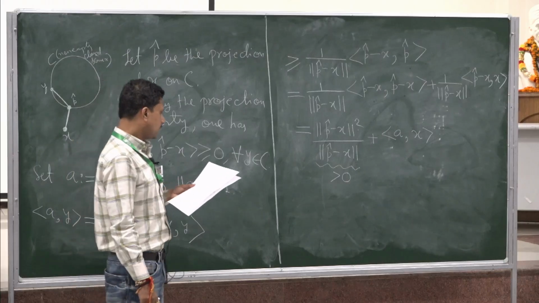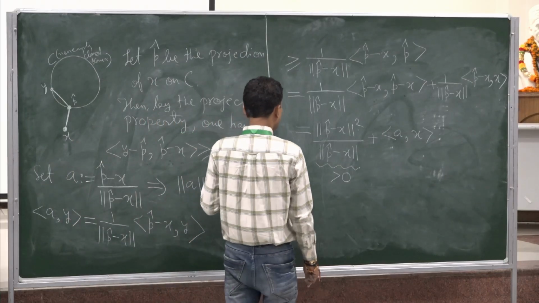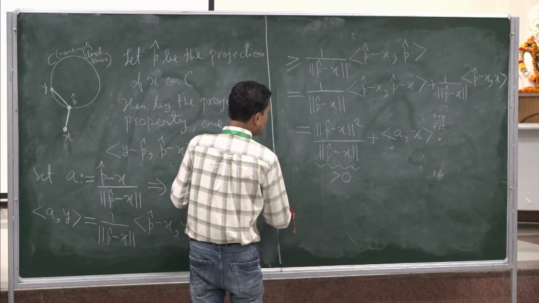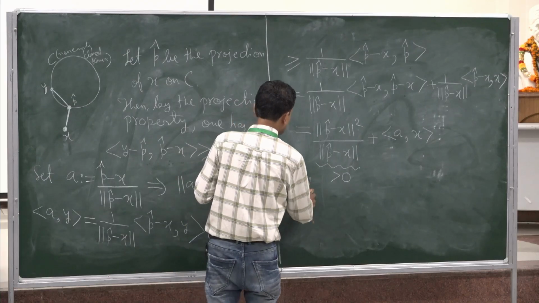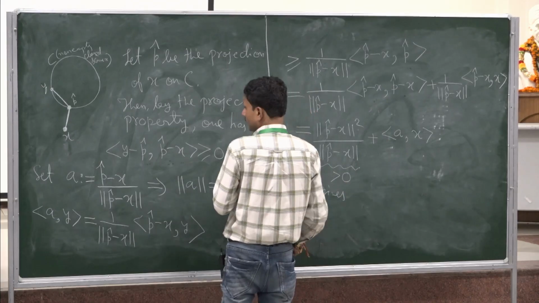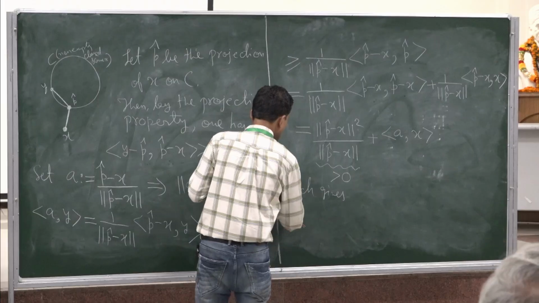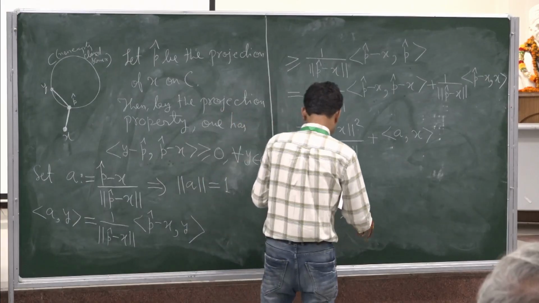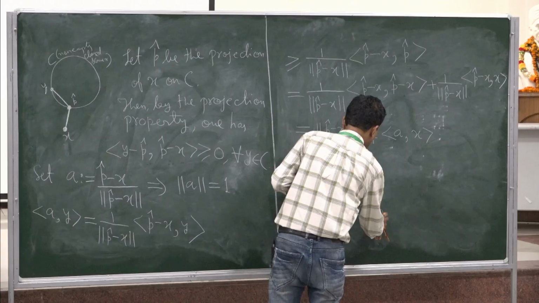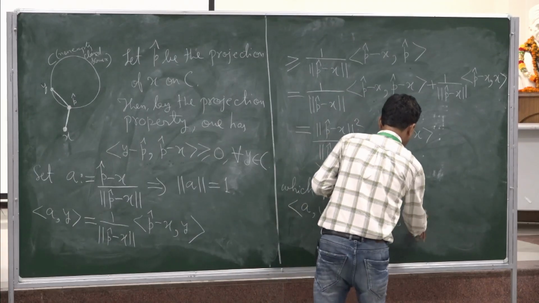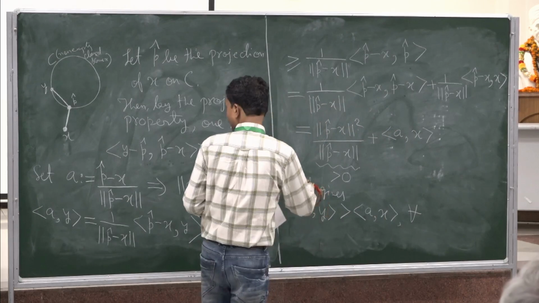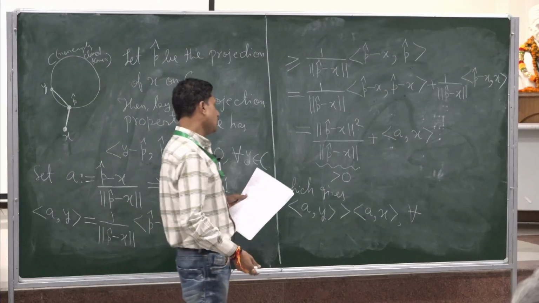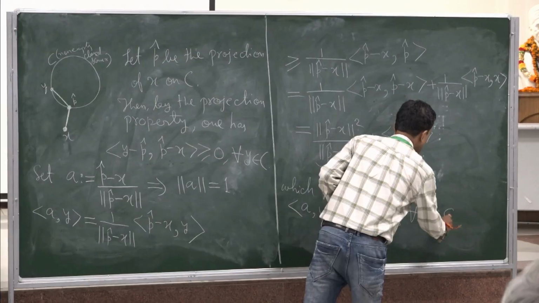So this is always greater than 0, and then what can we write? Starting from this a y, a y is strictly greater than a x. Now this is true for any y because y is arbitrary, so this is true for every y in C.